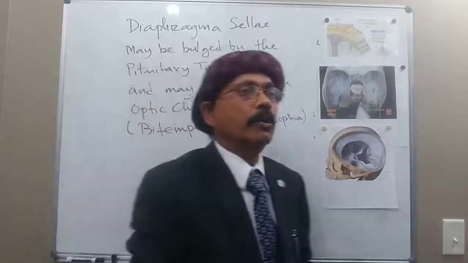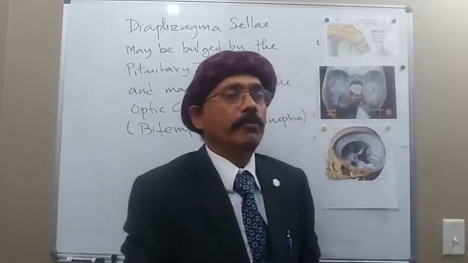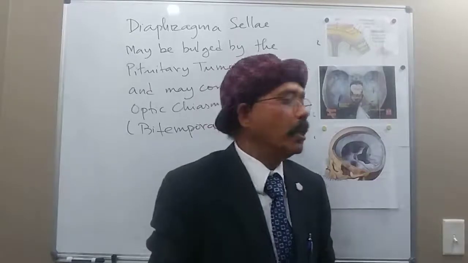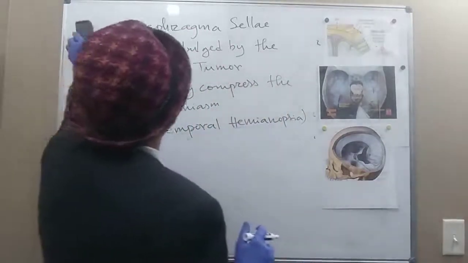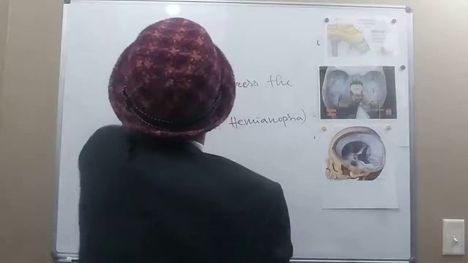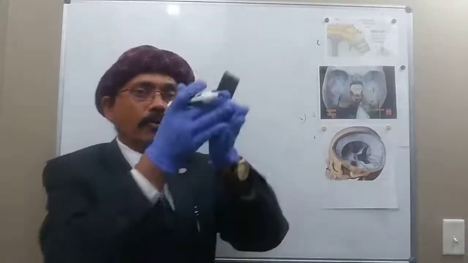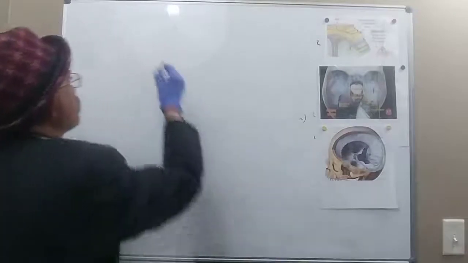Okay, we got the falx cerebri, we got the tentorium cerebelli, we got the diaphragma sellae. Now we go to the falx cerebelli. Falx cerebri is the longitudinal fold between the two cerebral hemispheres. We also have two cerebellar hemispheres, and we have another small longitudinal fold that is called falx cerebelli.